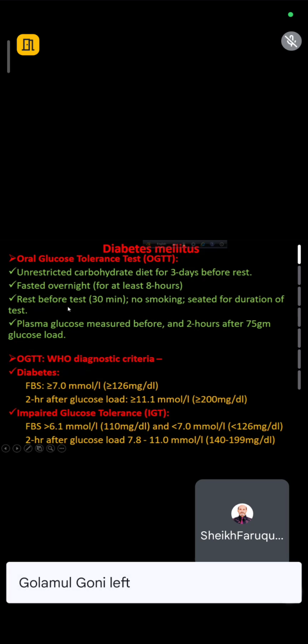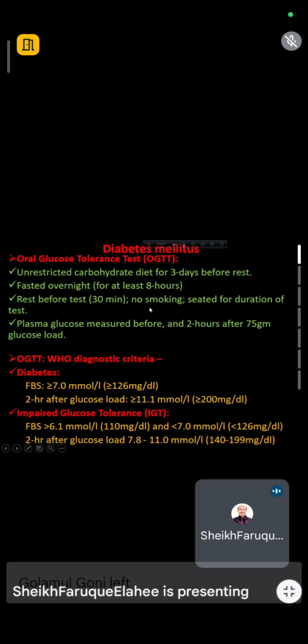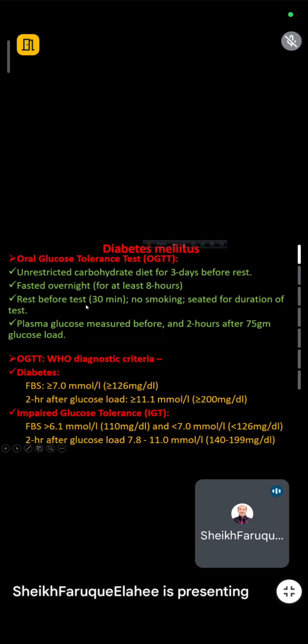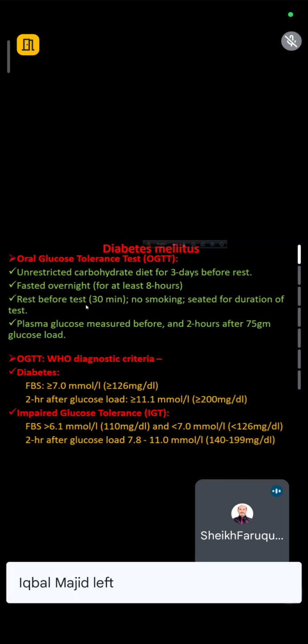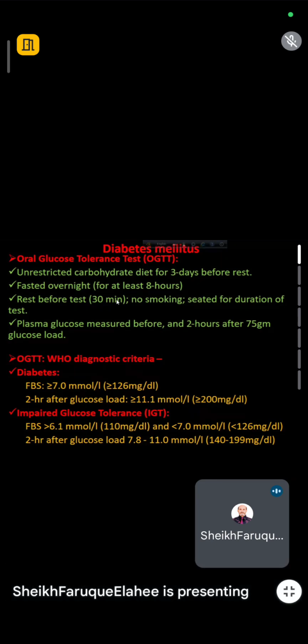Now he cannot have any smoking in this morning, and he will take 30 minutes rest in the examination room. Then they will take his blood for sugar. Then they will give him 75 gram glucose in say 100 to 200 ml of water. And 2 hours after taking the 75 gram glucose, they will test him again.